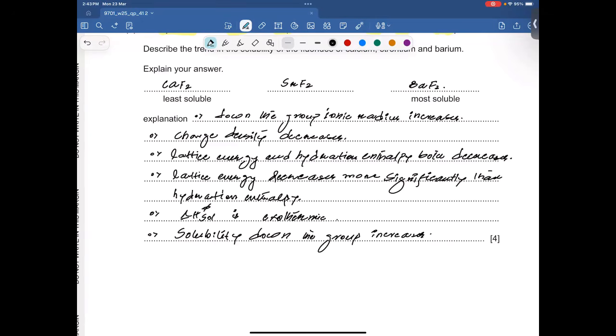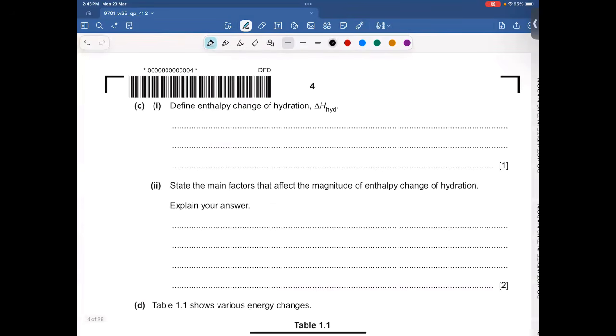Okay, now let's move on to the next page. Define enthalpy change of hydration.